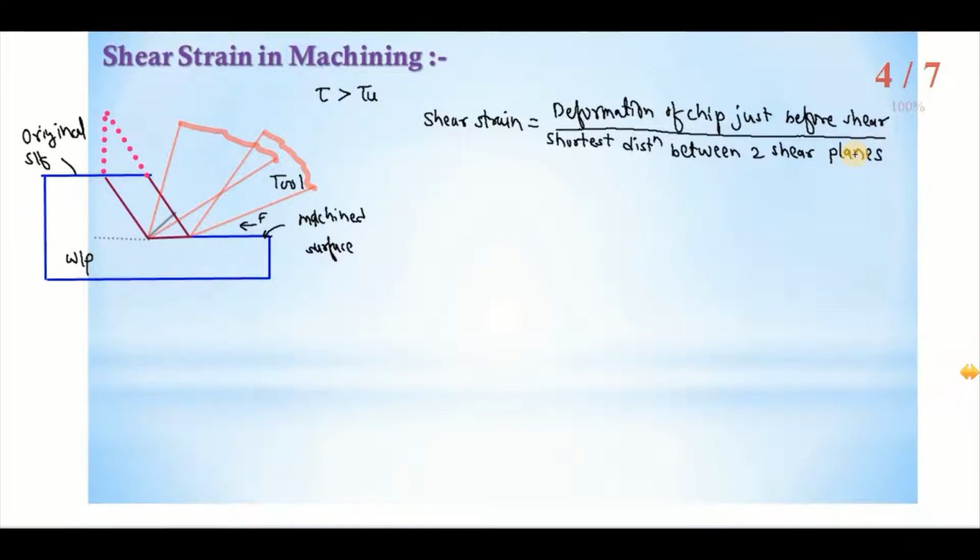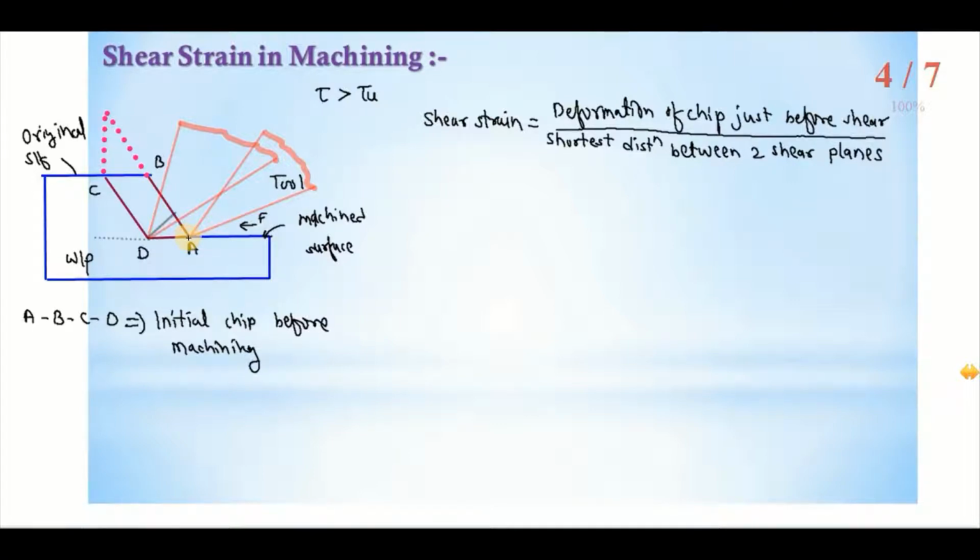Now consider in this diagram A, B, C and D is the initial chip before machining. So this A, B, C and D is given as the initial chip before machining. When we apply the force, this is the first position of the tool.